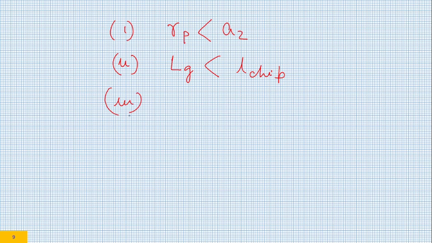Number 3, is it less than this? So once you check these 3 criteria, then you can opine whether wheel loading will take place or not. Okay, so this is the way we have to analyze the problem.